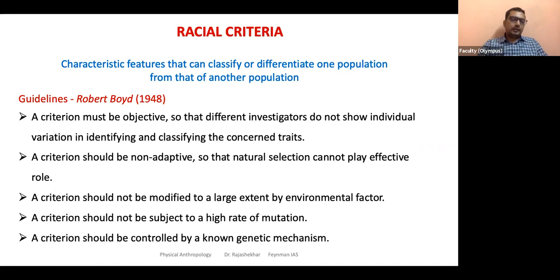That is what they are emphasizing in the next point as well. So criteria should be non-adaptive, so natural selection cannot have much role, and this criteria should not be modified by environment. Whatever basis that you have taken, environment should not modify it. So again, it fits into the category that I told you. So it's more like a fixed entity.